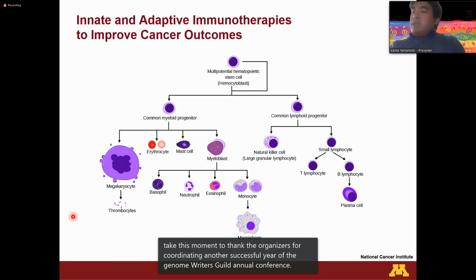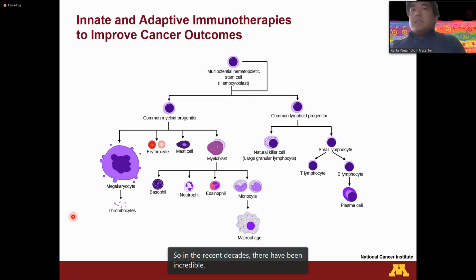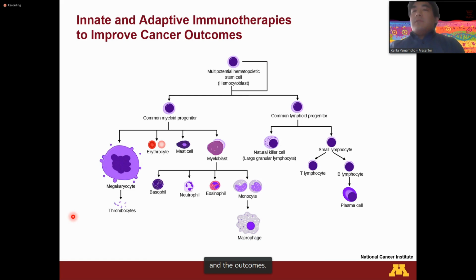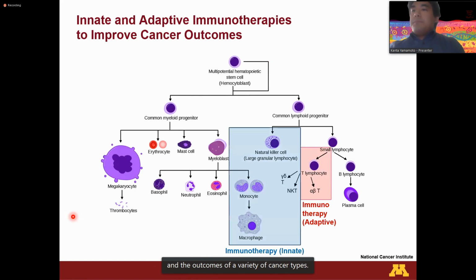So in recent decades, there have been incredible advances in the field of cancer immunotherapy, which involves taking the patient's own immune cells in order to combat cancers. And through these, there have been remarkable improvements in the outcomes of a variety of cancer types.